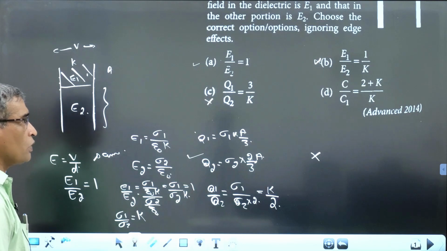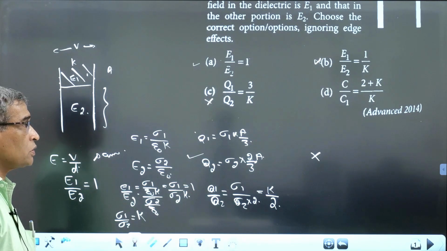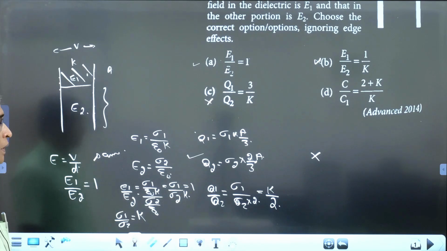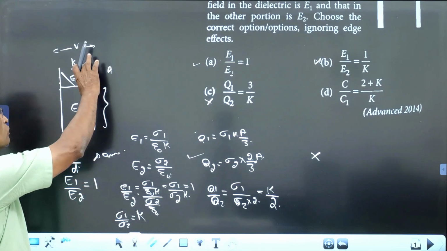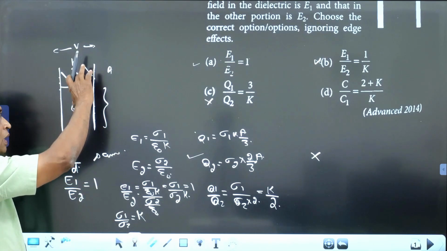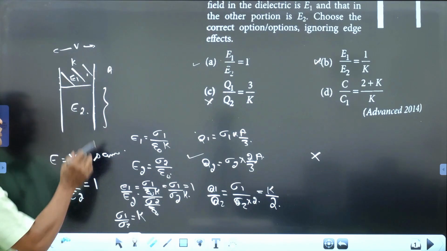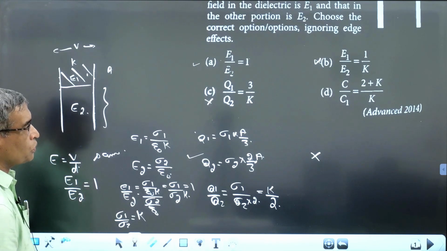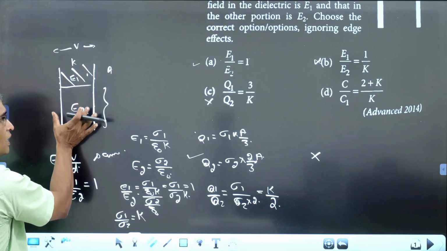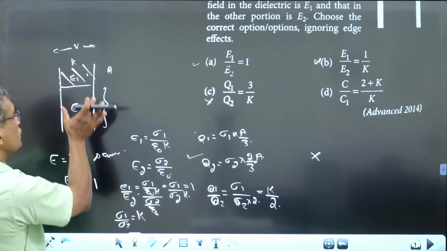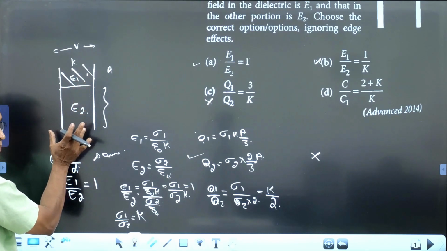Now, next we have to find the capacity of the entire arrangement. You can consider this one a capacitor and this one another capacitor, connected in parallel. C1 is the capacity of the upper part, and C3 is the capacity of the second part.